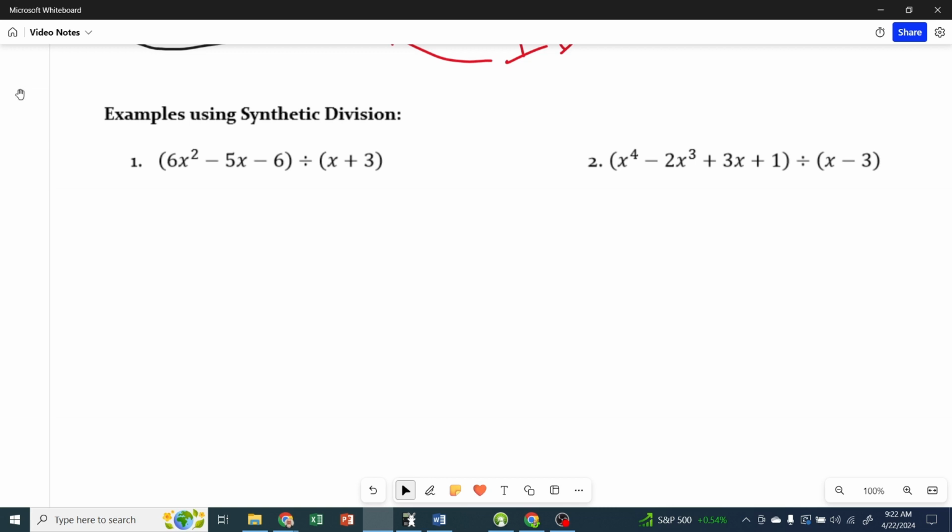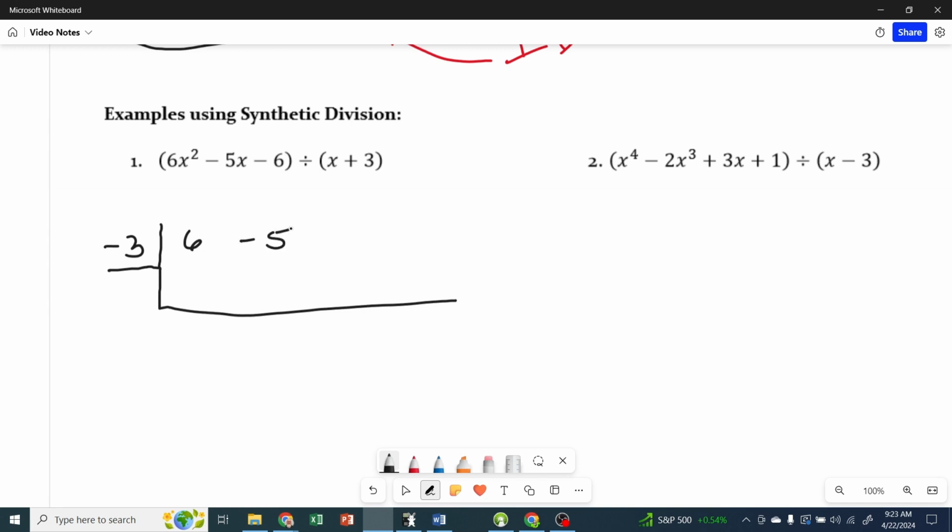Let's try a couple more. So the 0 on this problem is -3. So I've got 6, -5, -6. 6 comes down. -3 times 6, -18.